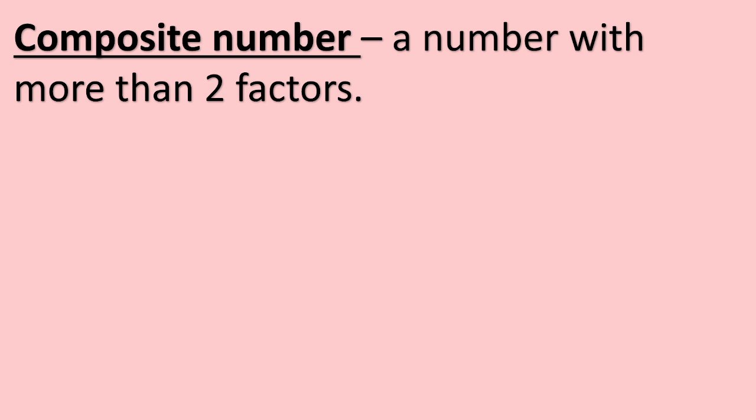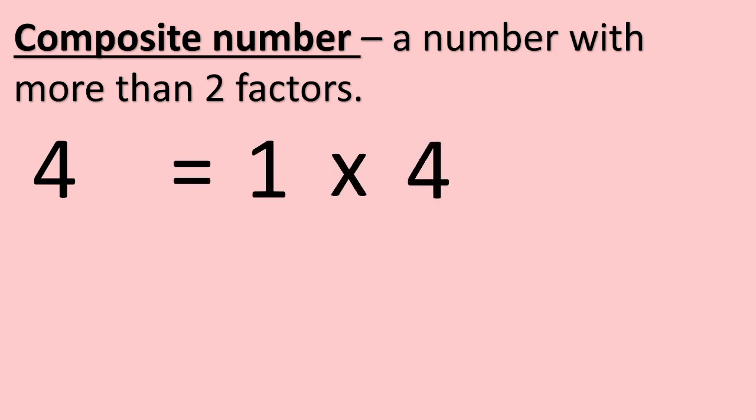How about composite number? Composite number, a number with more than two factors. Example: 4. 4 is a composite number. The factors of 4 are 1 and 4, 2 and 2.